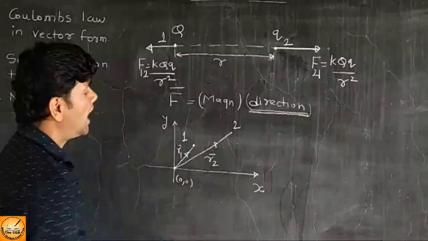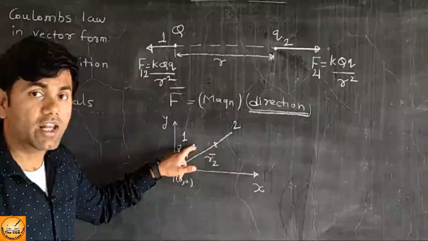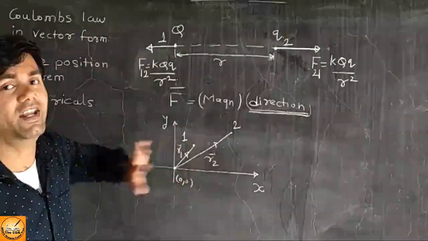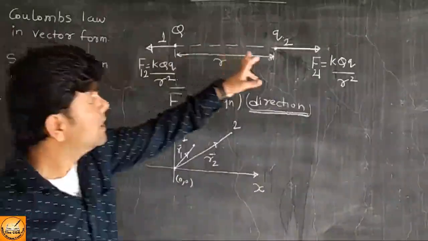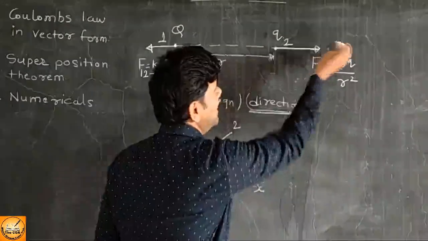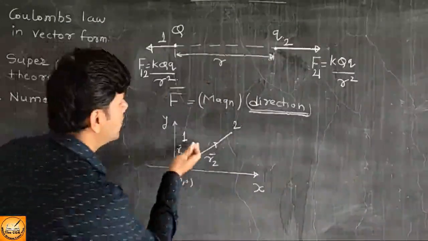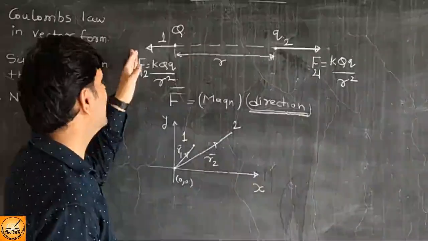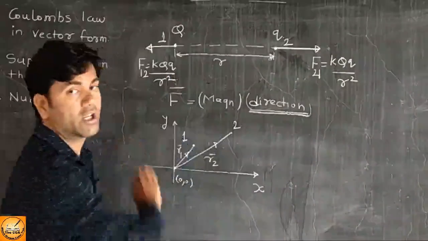But we don't want this direction. We want the direction of F21, towards the right, from 1 to 2, and the other towards the left, from 2 to 1.